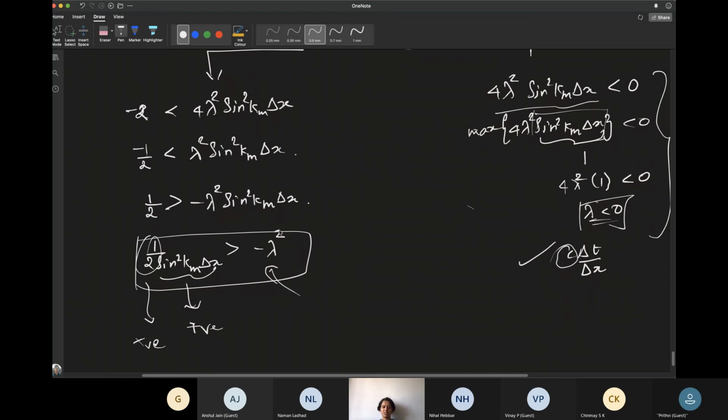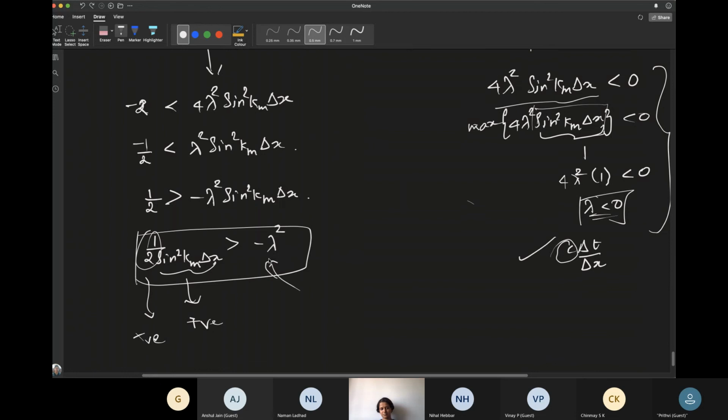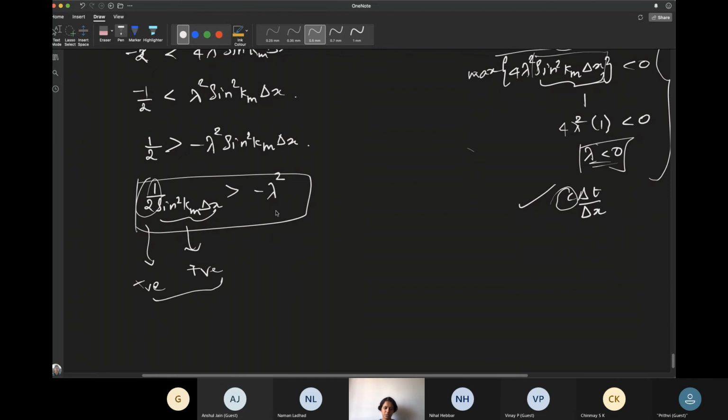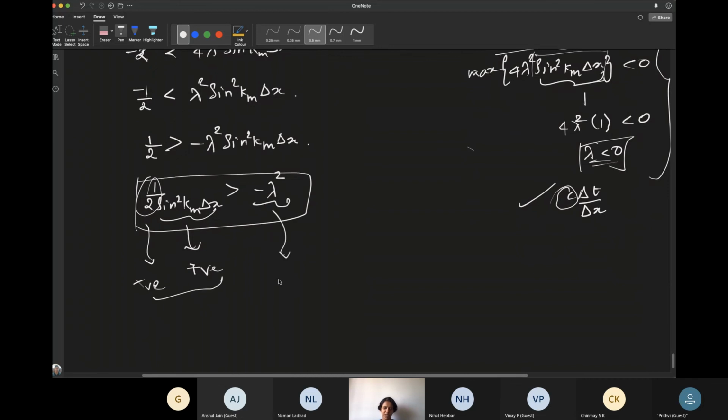It has to be greater than minus lambda squared. Both are positive, so this will always be positive and this will always be negative.